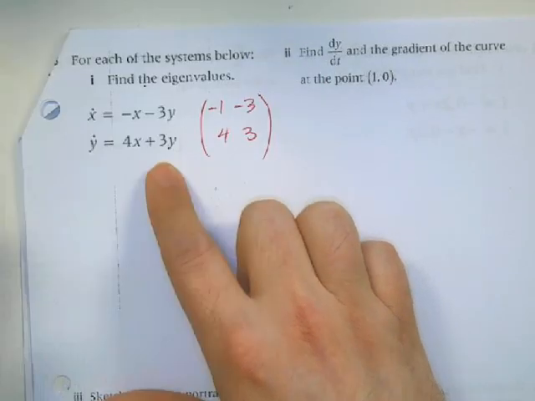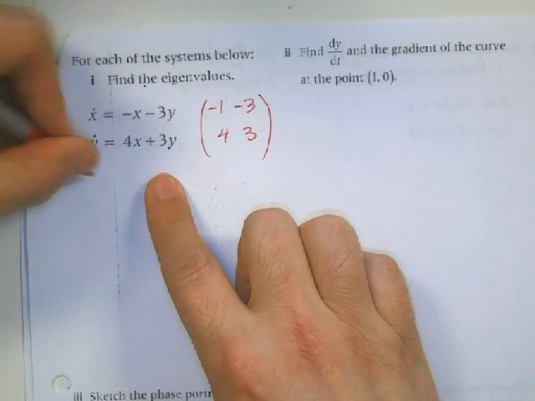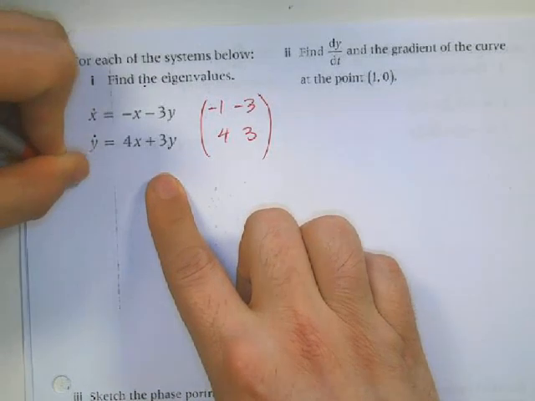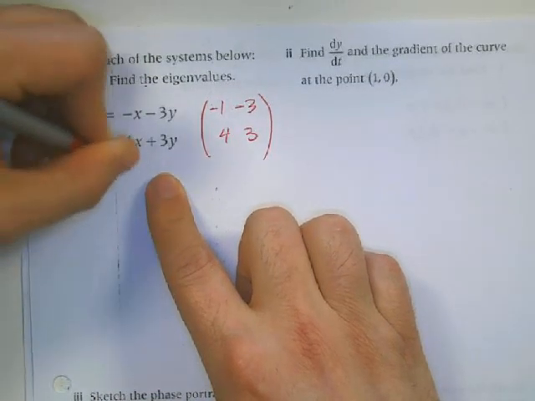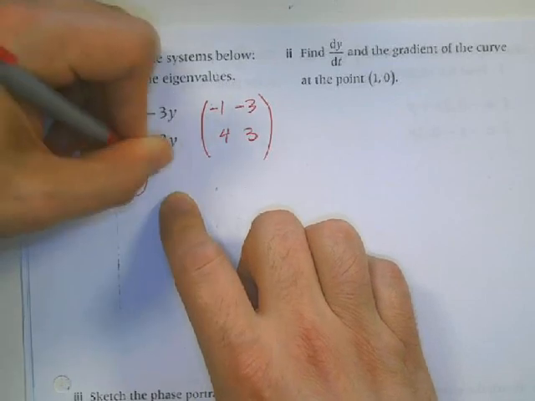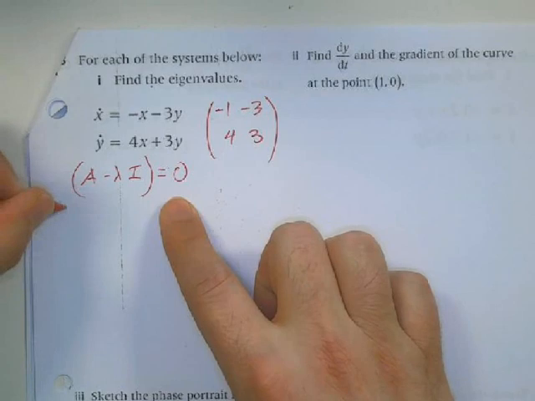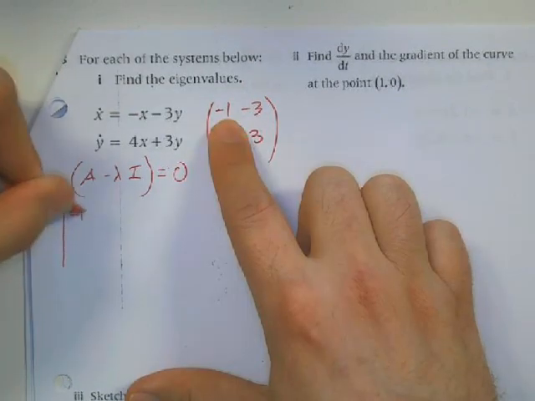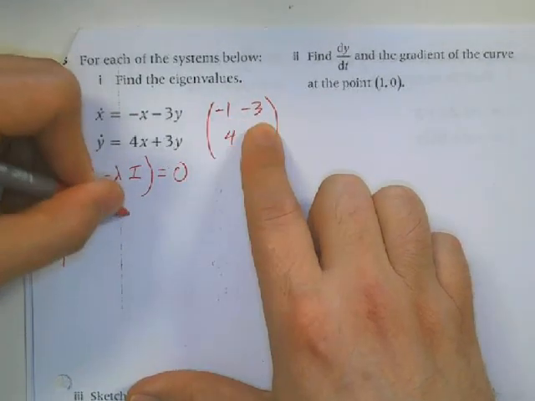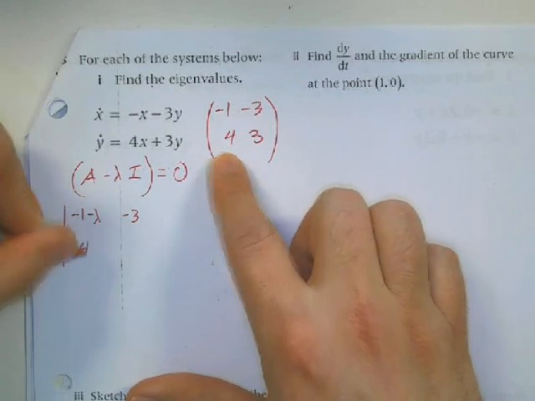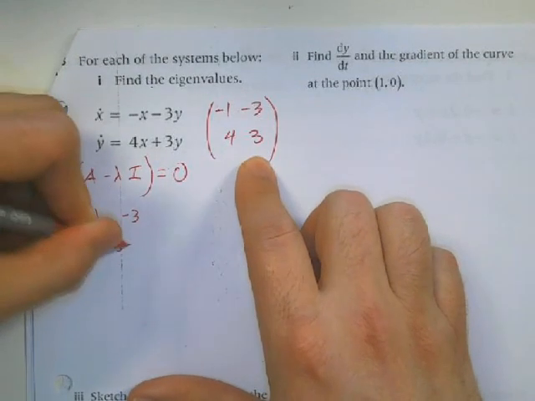I want to find my eigenvalues. Okay, so to find the eigenvalues, I'm going to do -1 minus lambda, -3, 4, and 3 minus lambda.